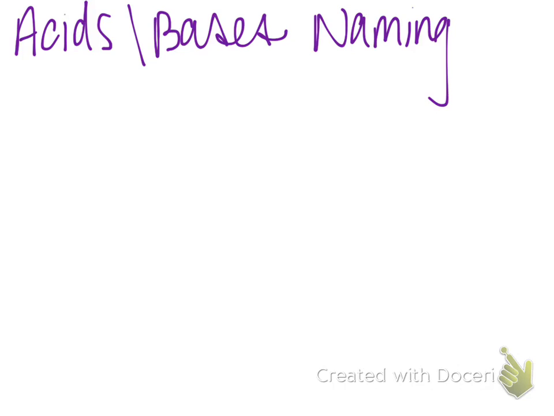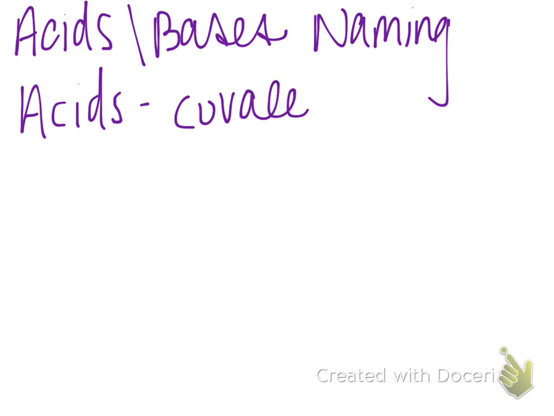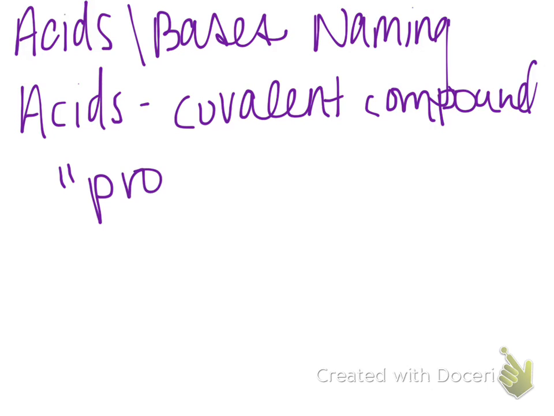So acids are a type of covalent compound. Okay, so we'll talk about acids first because bases are pretty simple. Acids are a covalent compound, and they are known as proton donors.